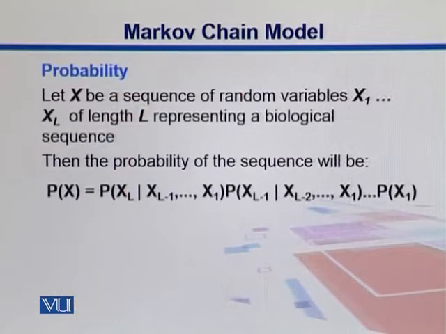So here is how we can formalize this. Let X be a sequence of random variables, X1 up till XL. Basically it may be a nucleotide sequence, for instance, with a length of maybe 10 nucleotides. Every position in that sequence can be represented as X1, X2, X3: nucleotide position number 1, position number 2, position number 3, position number 4.